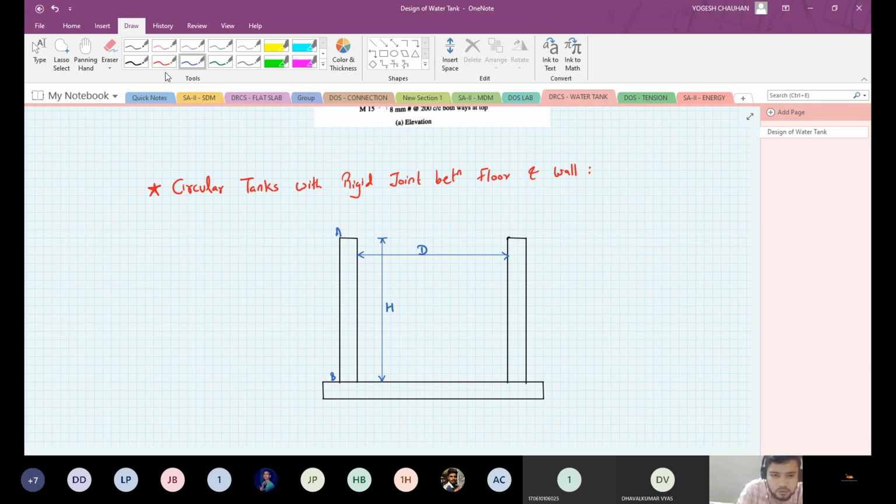If you see the deflected shape of tanks with rigid joint, here I'm showing this detail. This is a rigid joint. That means either it is fixed or it is a continuous joint.